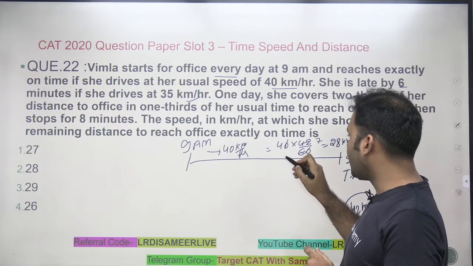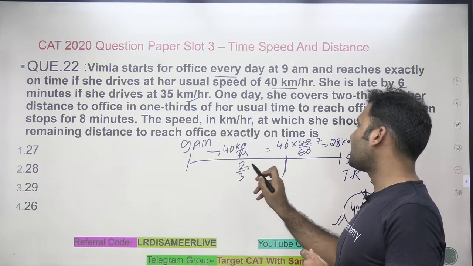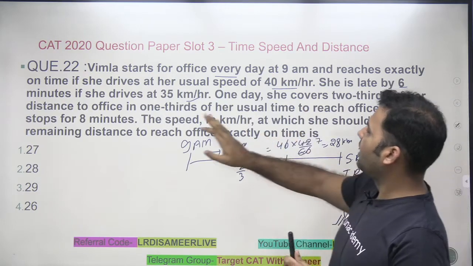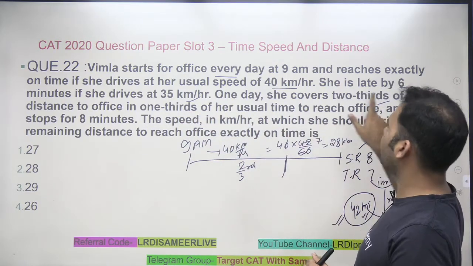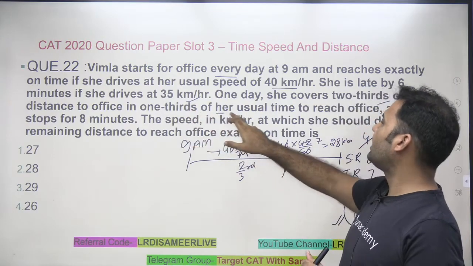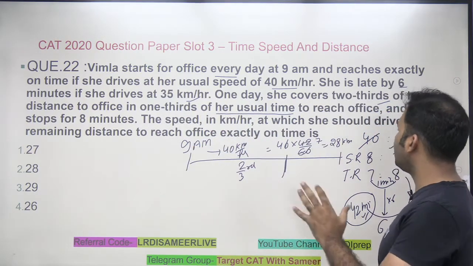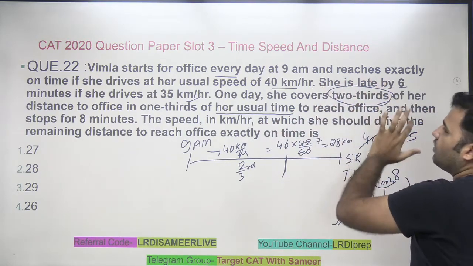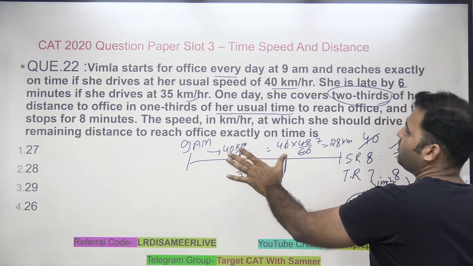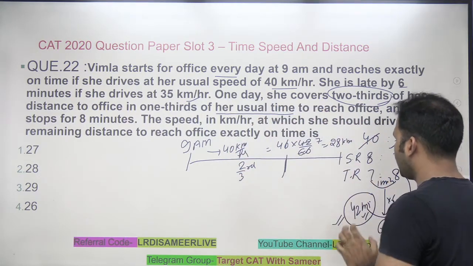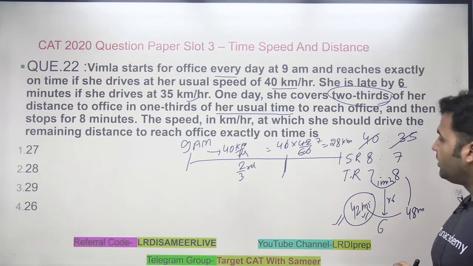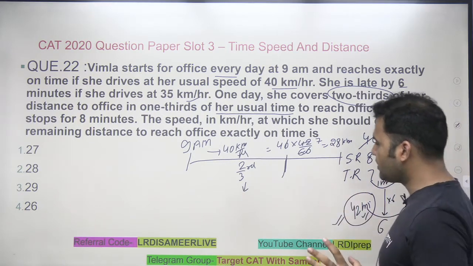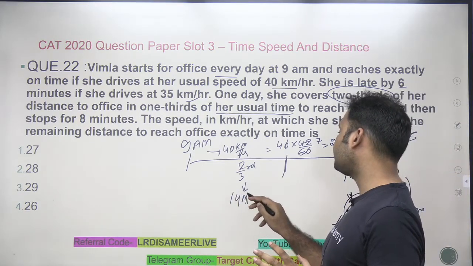So see that, guys, one particular day she is covering 2/3 of her distance to office in 1/3 of her usual time. Her usual time to reach office is 42 minutes. Now 2/3 of the distance has been traveled in 1/3 of her usual time, which is 14 minutes, right?